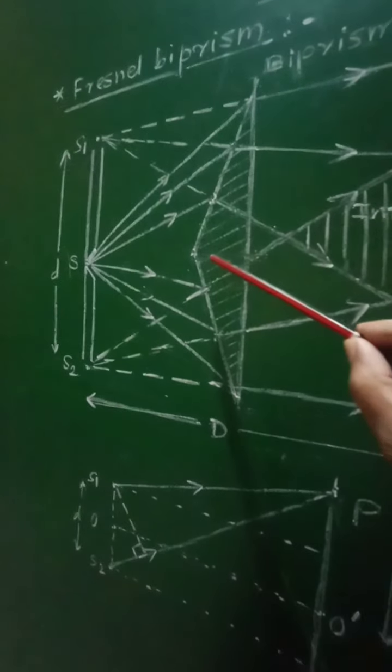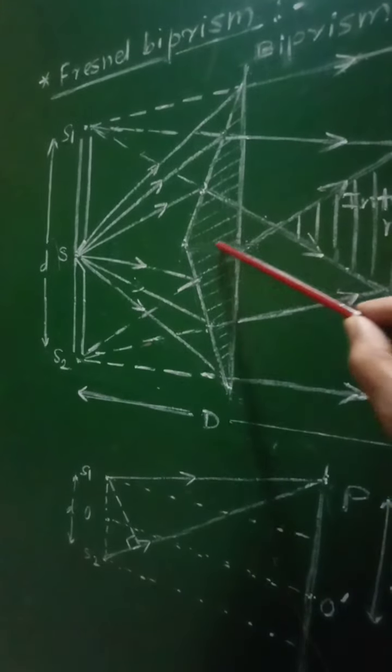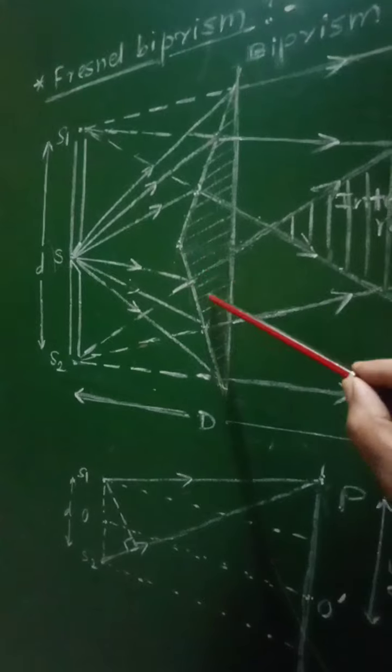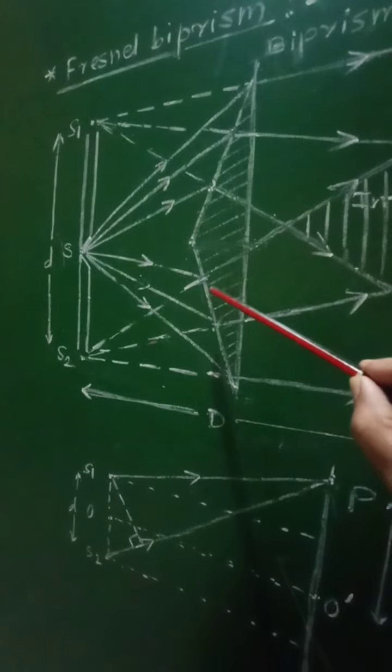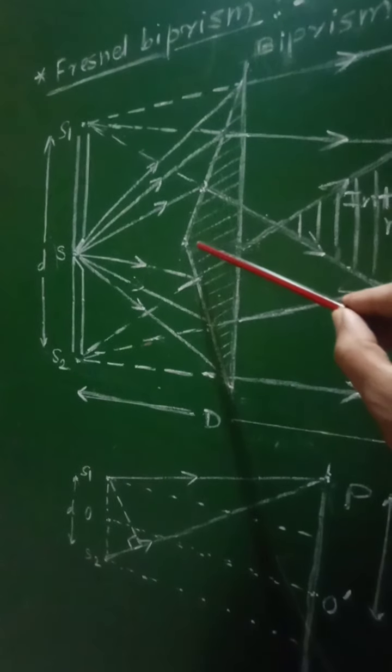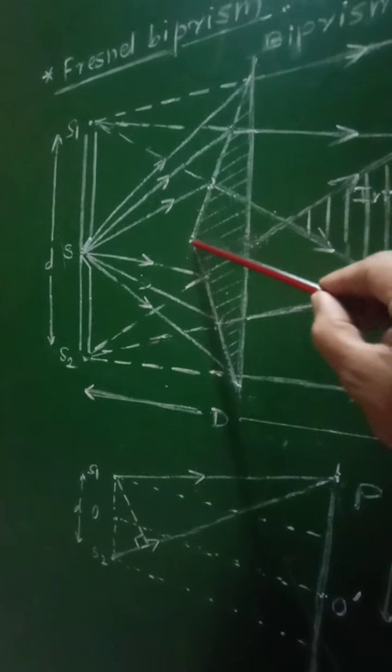Then it is considered that it is made up of two prisms which are having their refracting angles very small, and they are connected base to base.